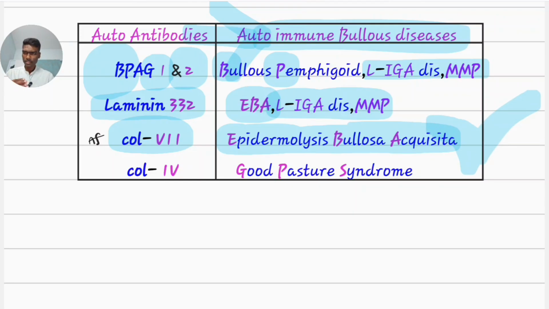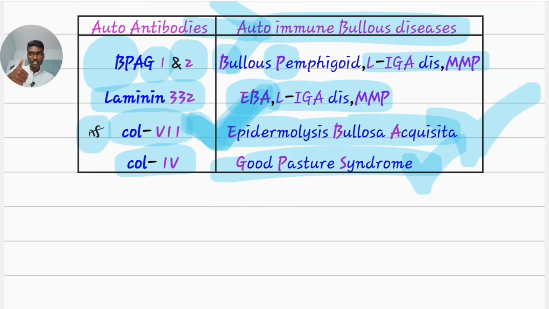Remember like this, AF, anchoring fibril or anchoring filament. If our body forms antibodies against them, it will lead to epidermolysis bullosa acquisita. Collagen 4, if antibodies are formed against collagen 4, it will lead to Goodpasture syndrome affecting lungs and kidneys. Not related to us.